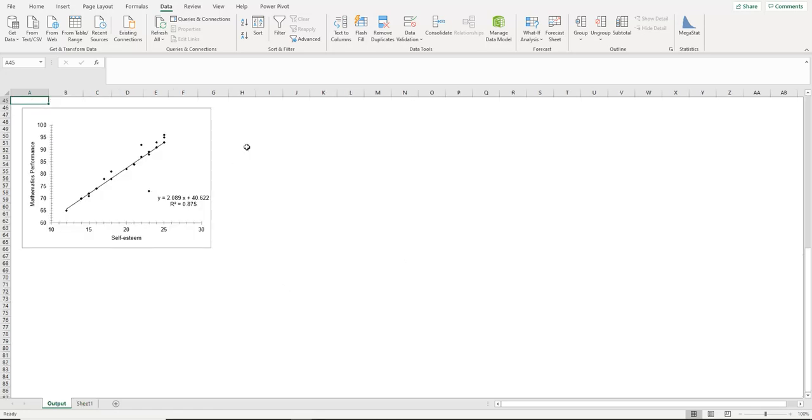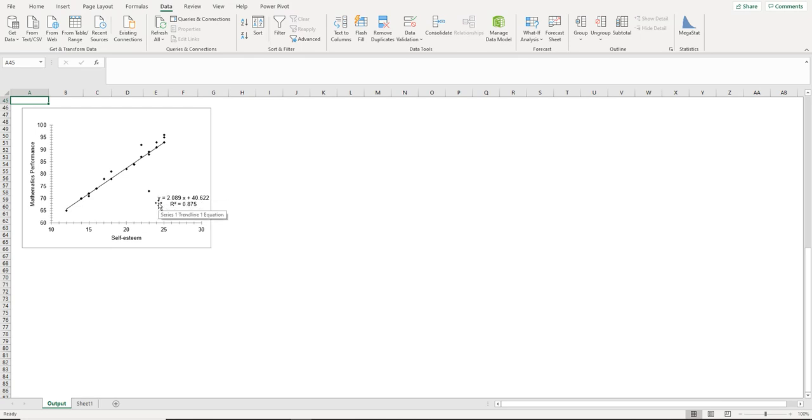So this is what I am talking about. The line here is our model, the linear model, and the equation of that line is Y equals 2.089 times x plus 40.622. This is our regression model.